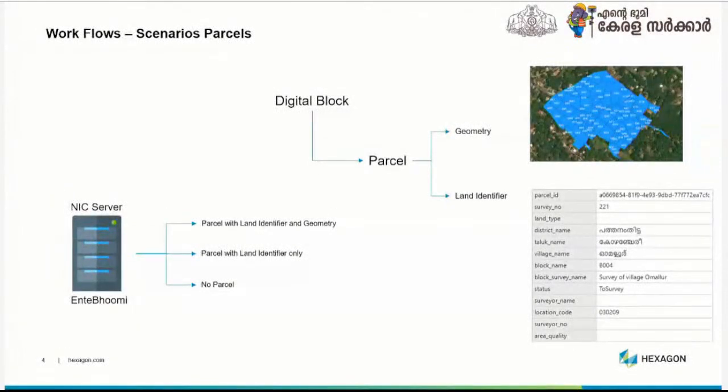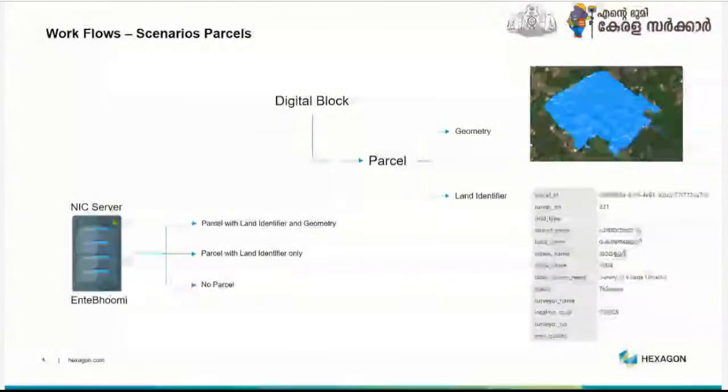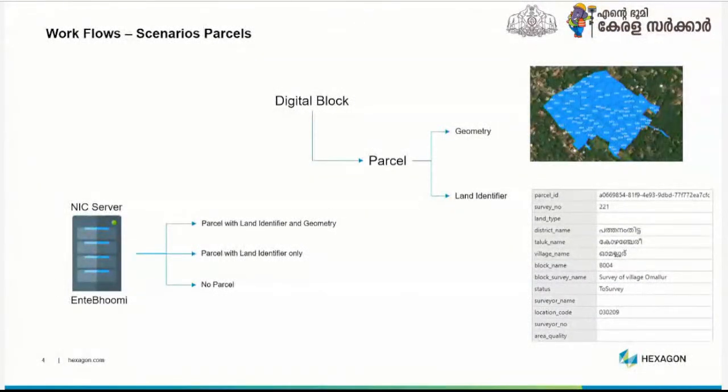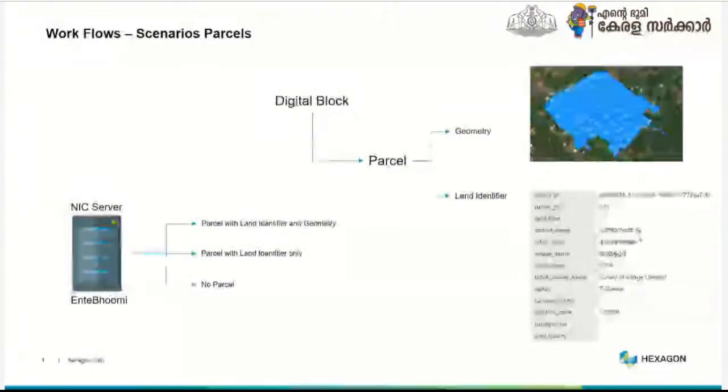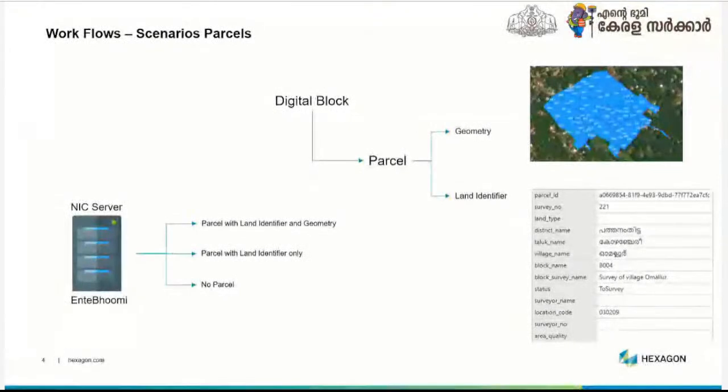Right? Ente Bhoomi will provide data in three different scenarios. The first scenario is the parcel will have a land identifier and it will also have a geometry. That is the best scenario. So you will have a shape, you will also have the information about everything. The second scenario is there is no geometry, but you have only the land identifier.